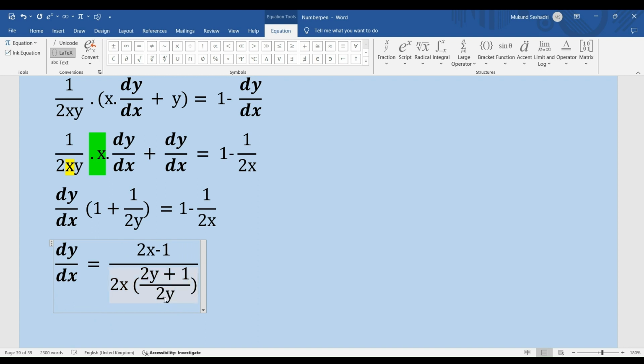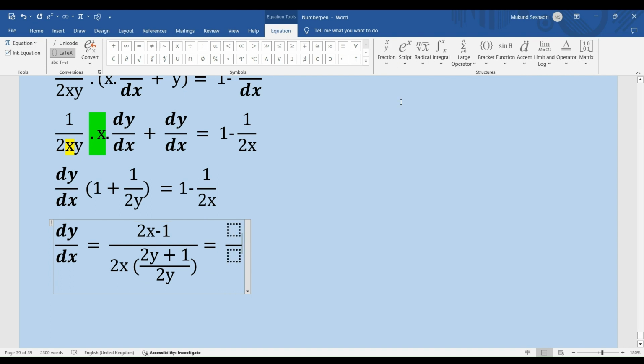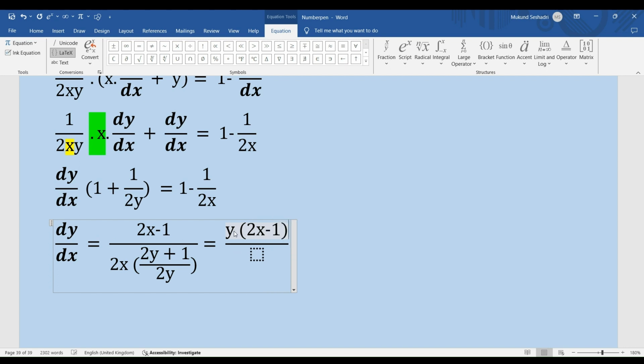I hope you folks are with me. I can cancel out the 2 here, right? I do a bit of rearrangement, and what do I get? I move y up. I get y times 2x minus 1. My 2 and 2 get cancelled out.